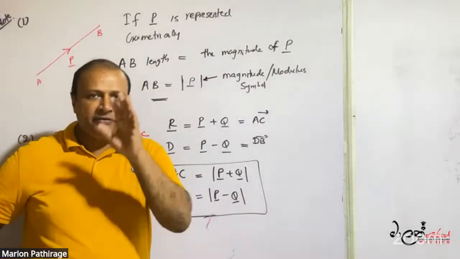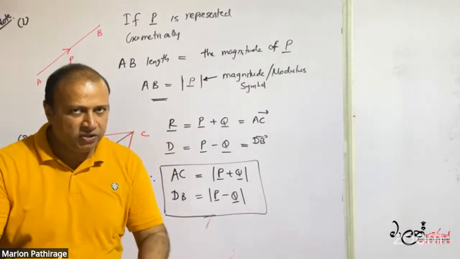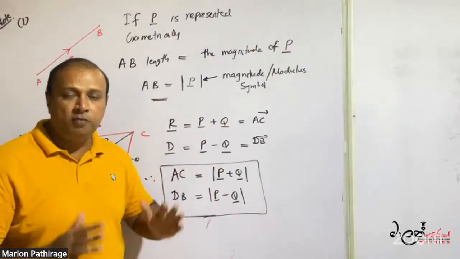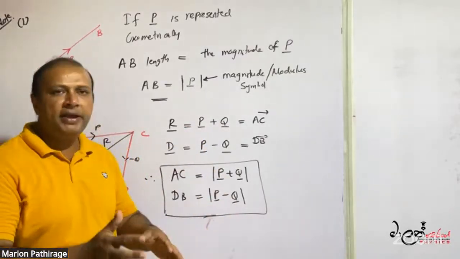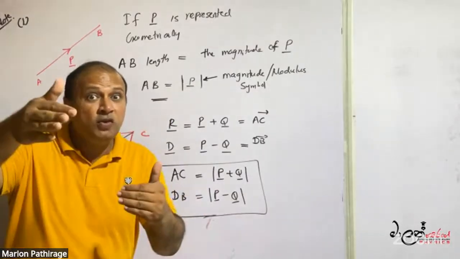Suppose in a question you are given the modulus of P plus Q and the modulus of P minus Q. That means you are given the two diagonals.